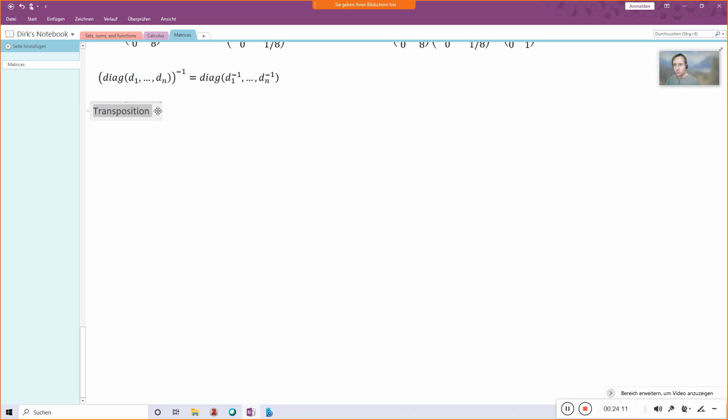Transposition is just a reordering of the elements of a matrix. That's essentially swapping rows and columns of a matrix.